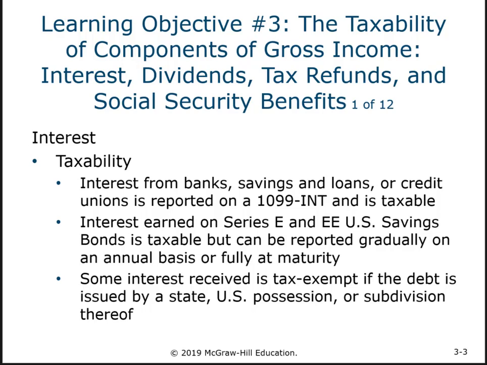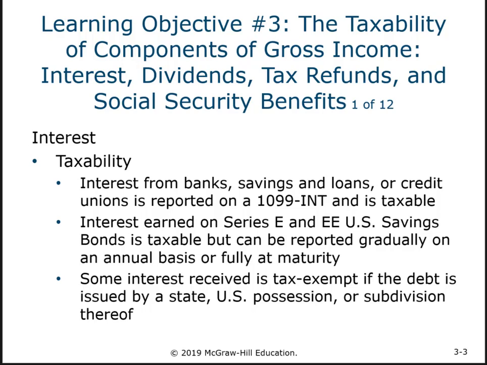So the interest that you most likely are going to see from banks, credit unions, that sort of thing, typically if that's more than $10, they're going to send an actual document called a 1099-INT, similar to what you're used to getting as a W-2. There are some specific types of interest that are mentioned in the tax law as having special treatment.